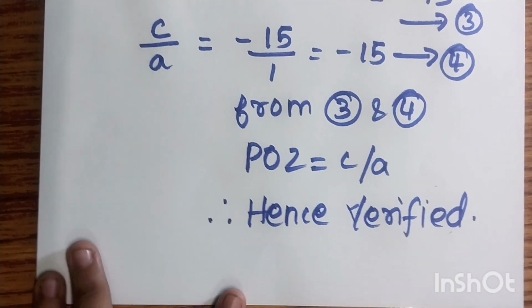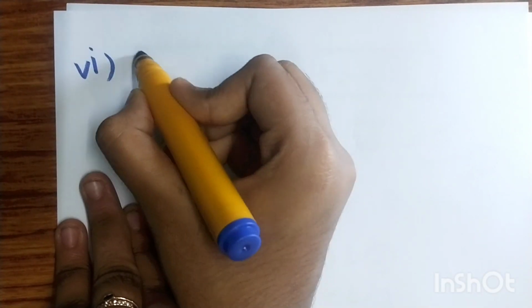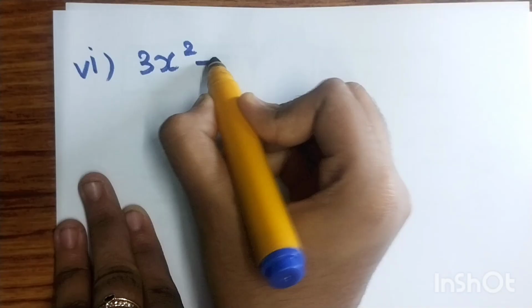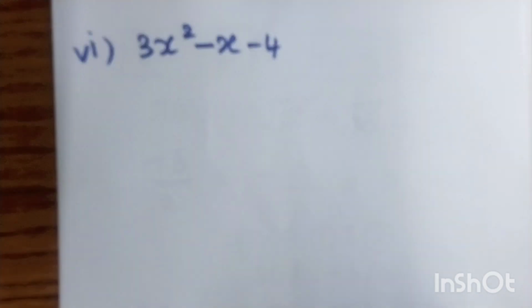Okay. So moving on to the last sum. The last sum is 3x square minus x minus 4. First step, we will be finding the LCM, right?